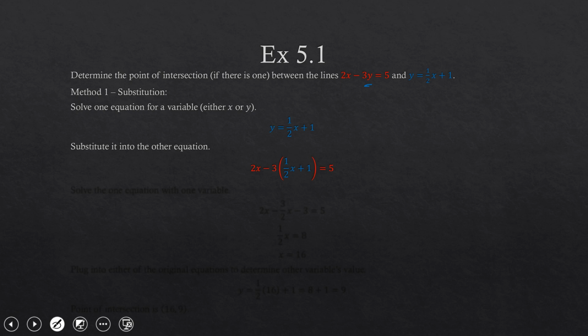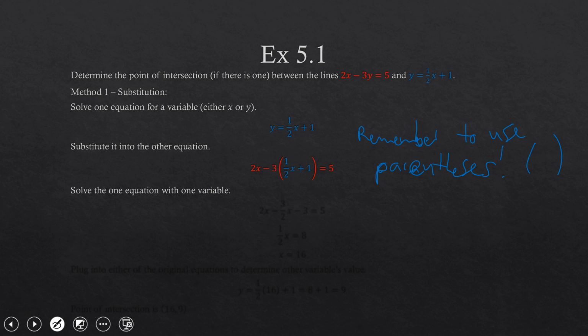When you're doing the substitute step, it's very important that you remember to use parentheses. I'm going to misspell this. Parentheses. I think I got it right. So use the parentheses when you're doing your substitution. This way you remember that -3 is actually going to distribute to both 1/2 x and to 1. And if you forget to use the parentheses, you will get something that's incorrect.